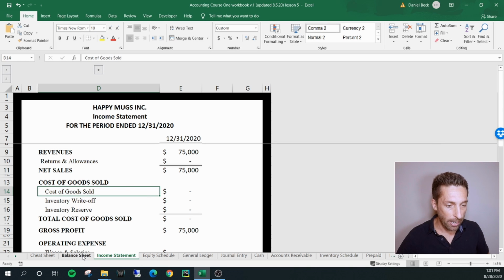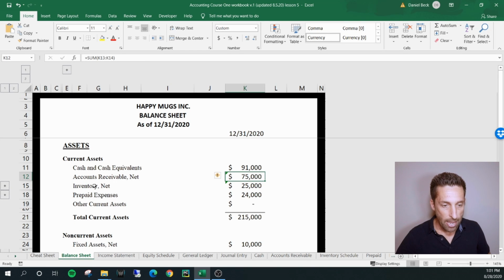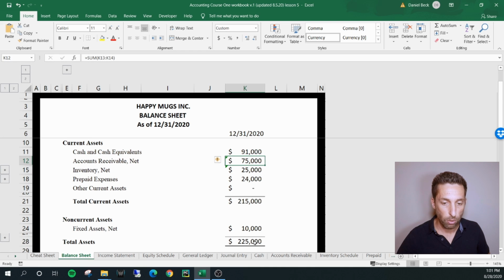Let's take a look at our balance sheet now. And you can see that the total assets in the previous video was $150,000. It's now jumped up an additional $75,000 of assets related to our accounts receivable. We made a sale, and that sale is showing that, hey, we have an asset on the books.